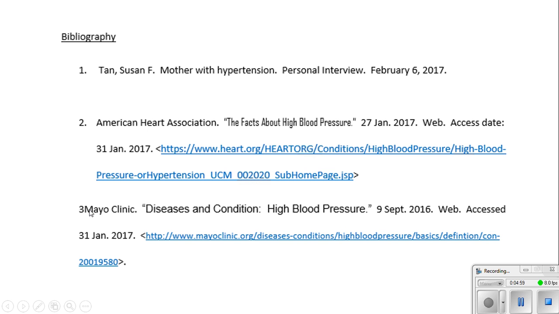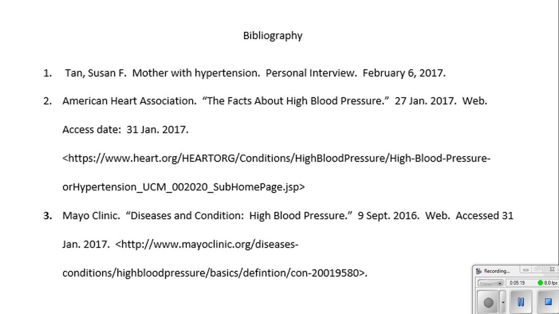Mayo Clinic's not. It's smashed next to the number. You need to make sure that the font size is the same throughout and that the actual font is the same. If you've copied and pasted things from the internet, you may have imported alien fonts. And so you want to take your bibliography that looks like this and make it look more like this. Again, I've put a video on how to do that. It's just a couple minutes, 3 minutes long, in the folder here.